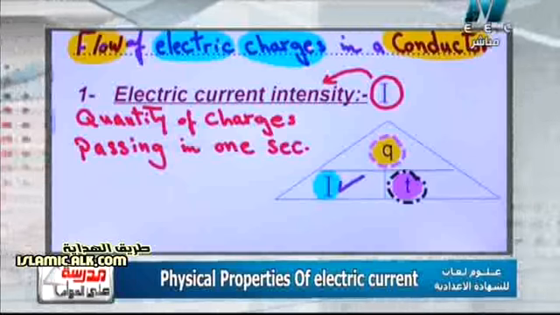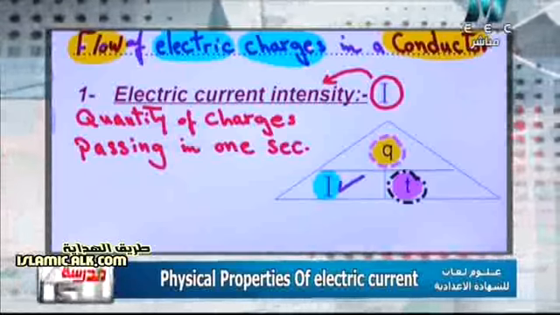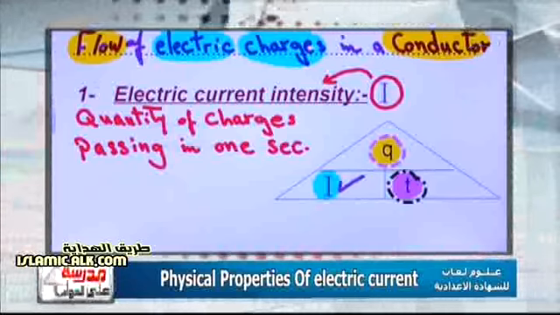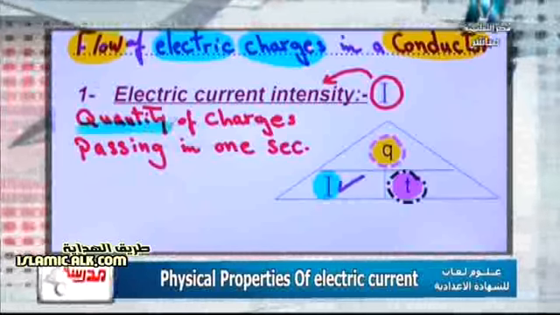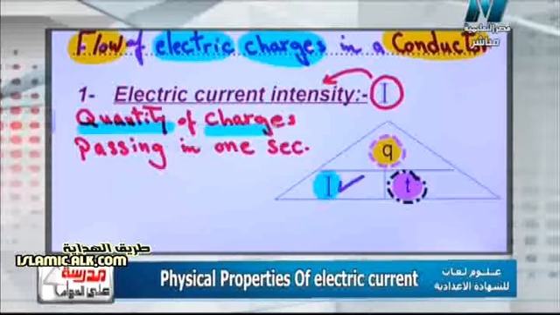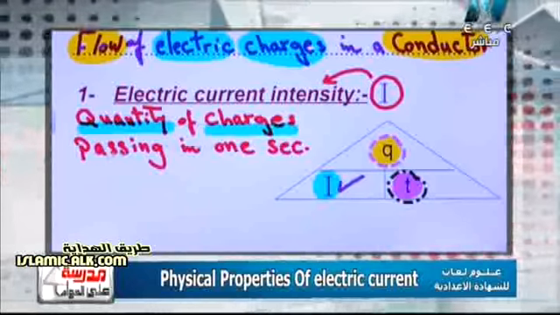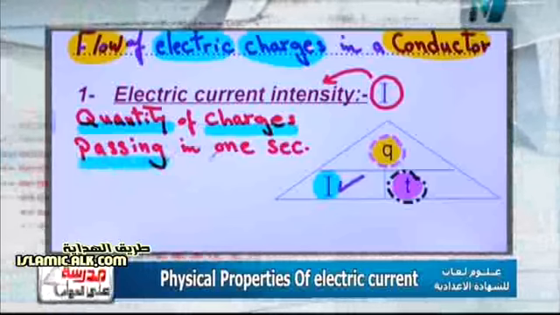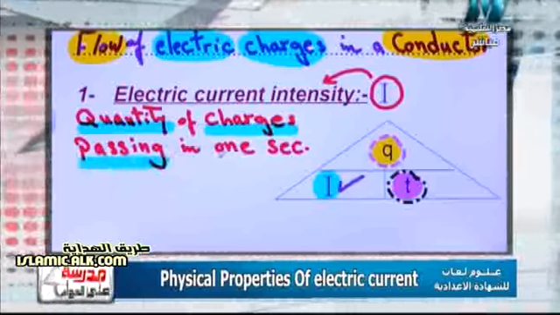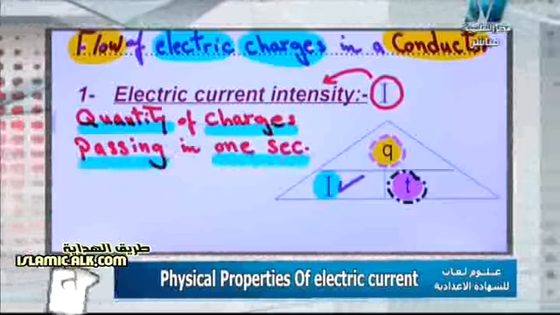Okay. So now we know what is meant by electric current intensity. It means the quantity of charge passing through in 1 second.